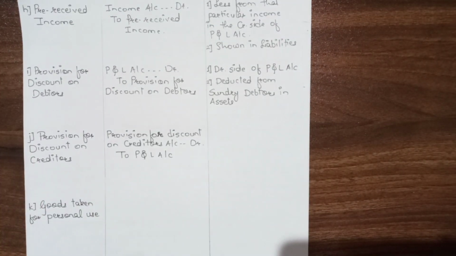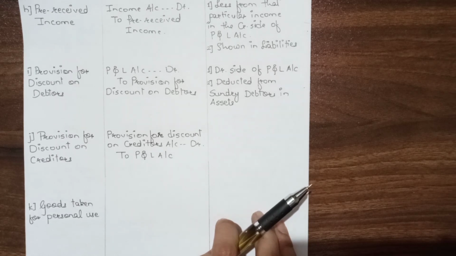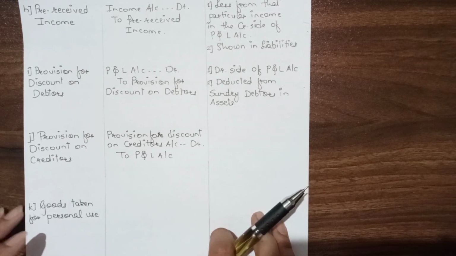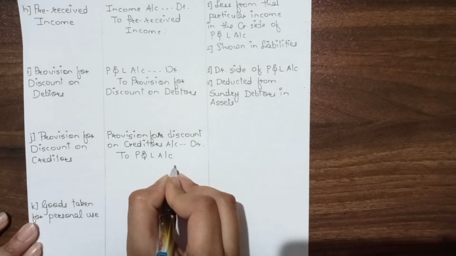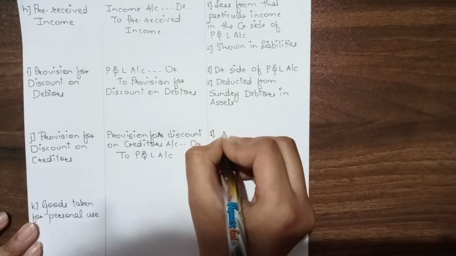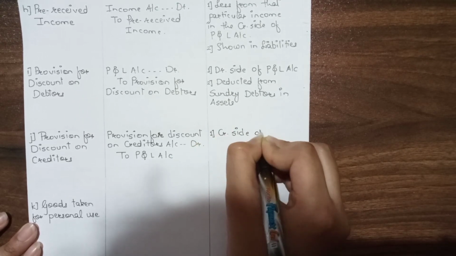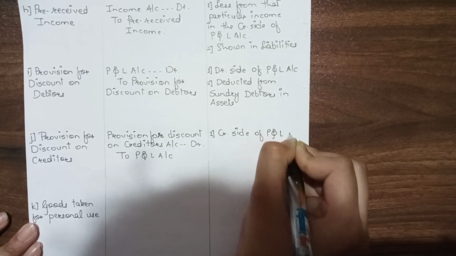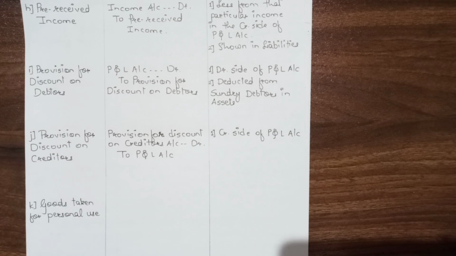Okay, so the two effects for this. The first effect will appear in the credit side of profit and loss account. Here we have given the credit effect in the journal entry, so obviously the first effect will be on the credit side of profit and loss account. It is the same as the provision for discount on debtors, just vice versa in journal entries and effects.